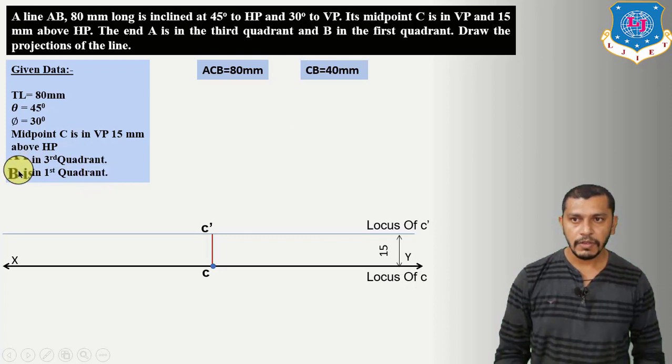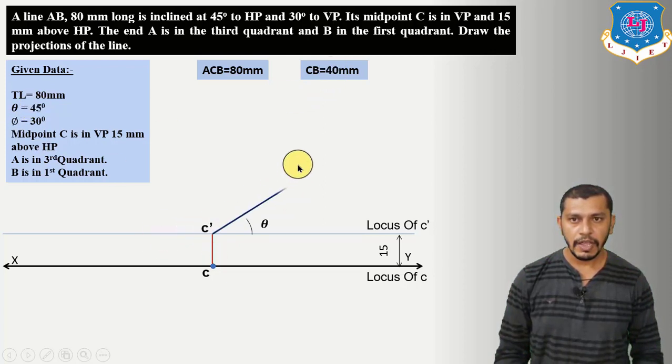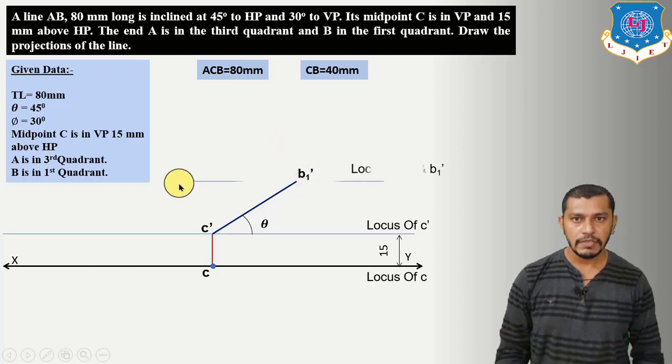Whenever the point is in the first quadrant, we get the elevation of that point above the XY reference line and the plan below it. So draw a line of length 40 mm inclined at theta, which is 45 degree. Here we will get B1 dash, and this will be our locus of B dash.